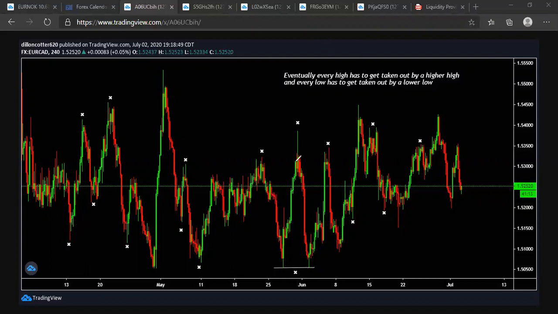So why am I saying that? What am I getting to when I say that? You see right here, I say eventually, because it doesn't always have to happen, but eventually every high has to get taken out by a higher high, and every low has to get taken out by a lower low.